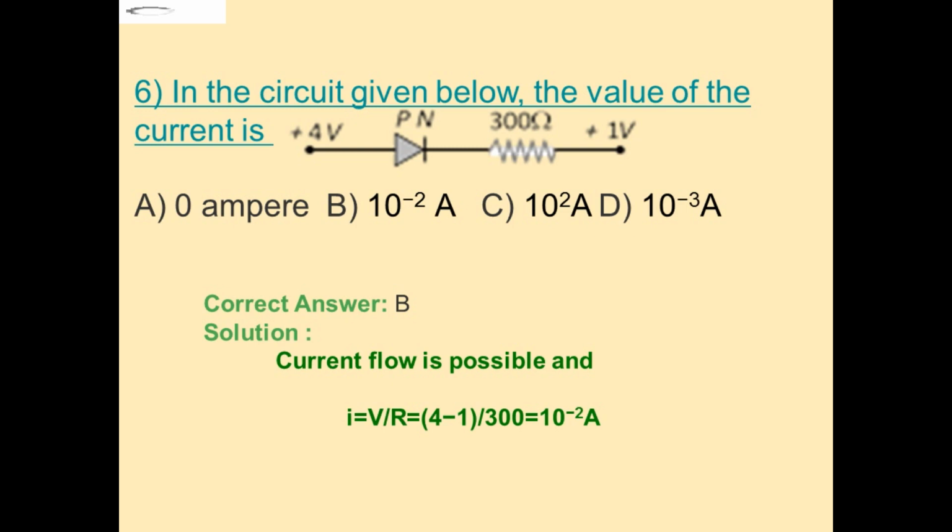According to Ohm's law, current passing through this circuit is net EMF by net resistance. Here the diode offers 0 resistance and a 300 ohm resistance is given in the problem.